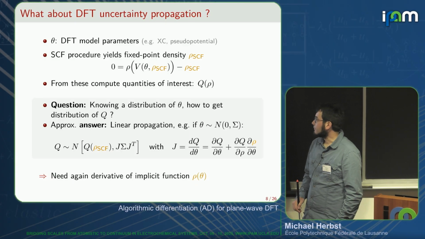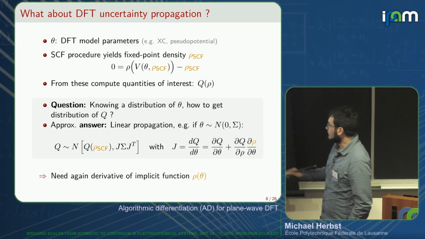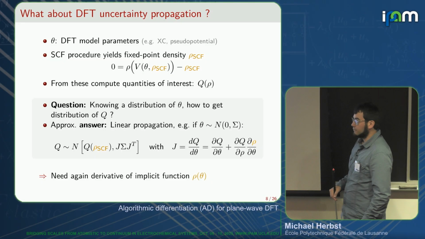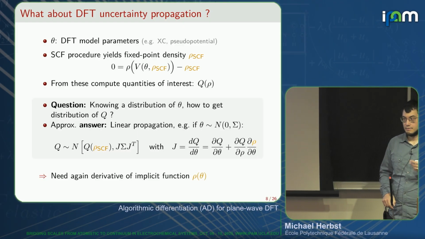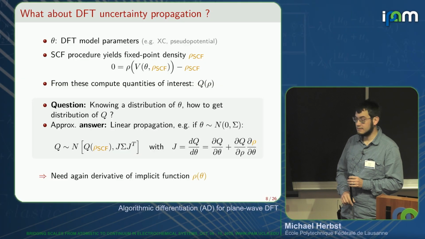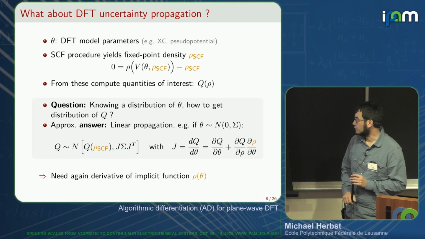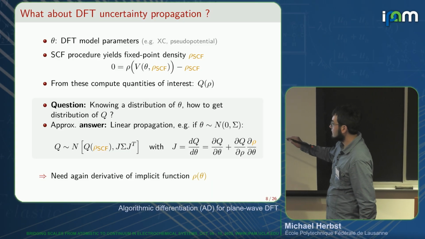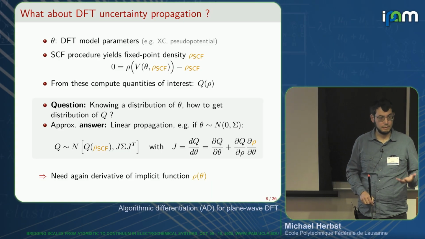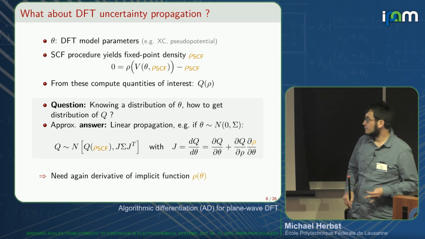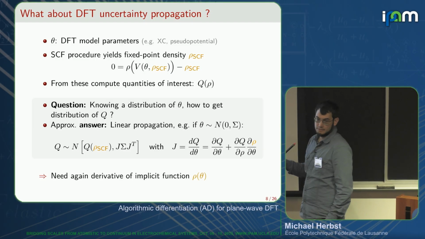Another example, I mentioned uncertainty propagation, same idea. If we want to get to some quantity of interest, and we're given some uncertainty in the parameters of a DFT model, there are some DFT setups that allow you to have these kinds of uncertainties, then I'm able to propagate the distribution of the uncertainty in my DFT model parameters forward into the distribution of any output quantity of interest, right?